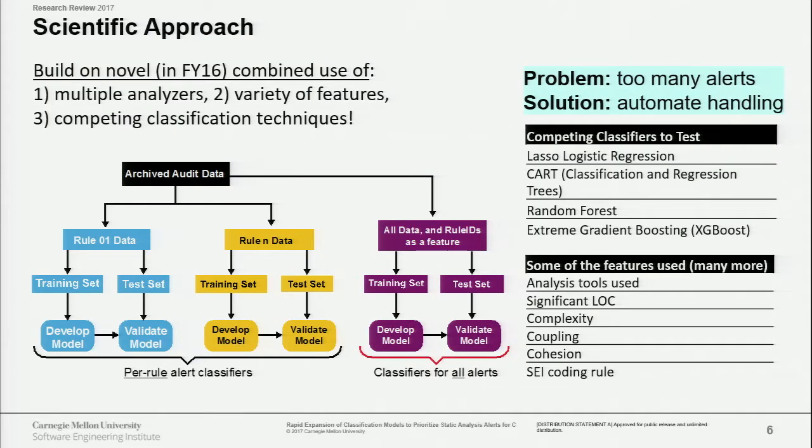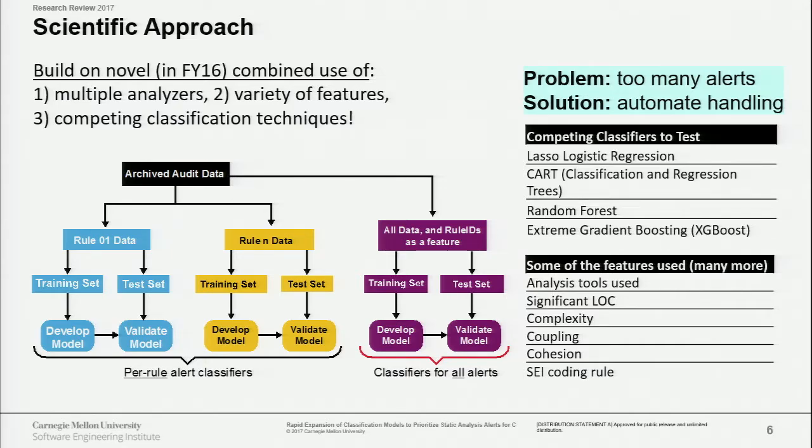Our approach is based on what was novel in FY16, that we developed a combined use of multiple static analysis tools, a variety of features, and competing classification techniques. In the figure, you can see that there's archived audit data that's labeled true or false, and we make two main types of classifiers with them.